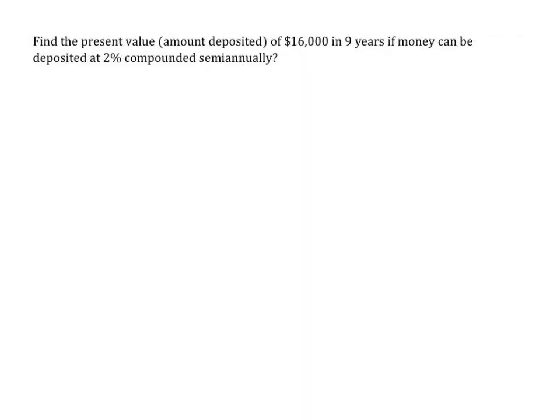Let's find the present value, or the amount deposited, of $16,000 in 9 years if money can be deposited at 2% compounded semi-annually. So using that same formula, the amount equals P times 1 plus rate over how many times per year it's compounded, to the power of how many times per year it's compounded times how many years.